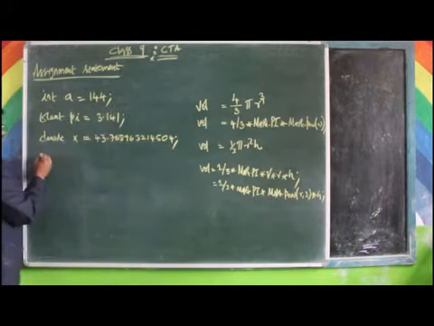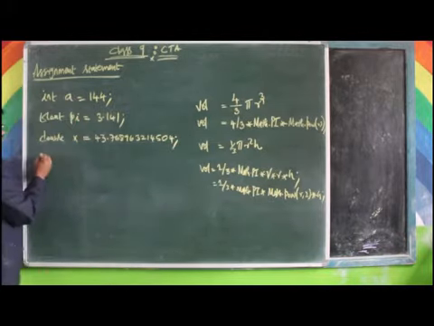I wanted to find the area of a rectangle. The formula for the area of a rectangle is length into breadth. So you need to give the length and you need to give the breadth. If you give these 2 values, I will be able to find the area of a rectangle.